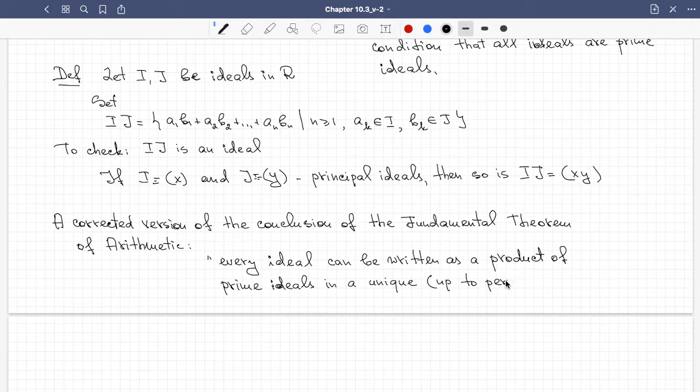We don't need units anymore. Up to a permutation of their factors.